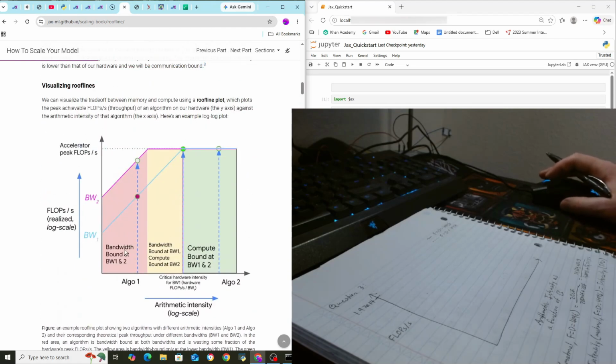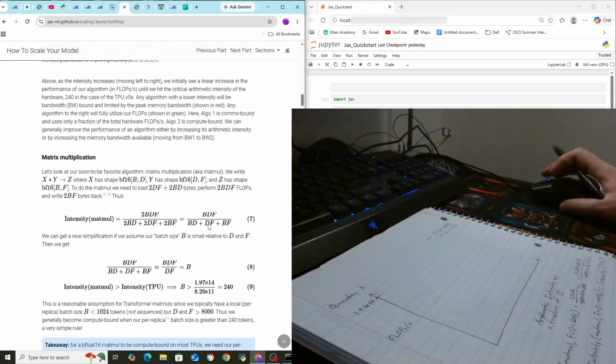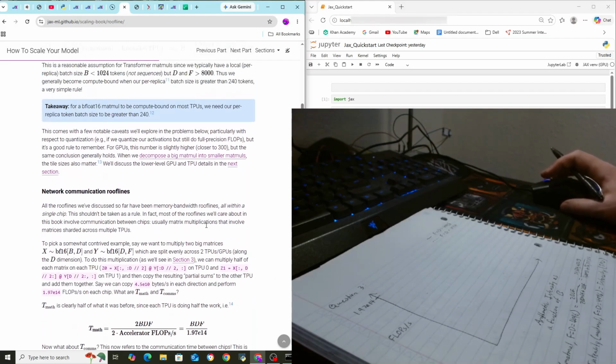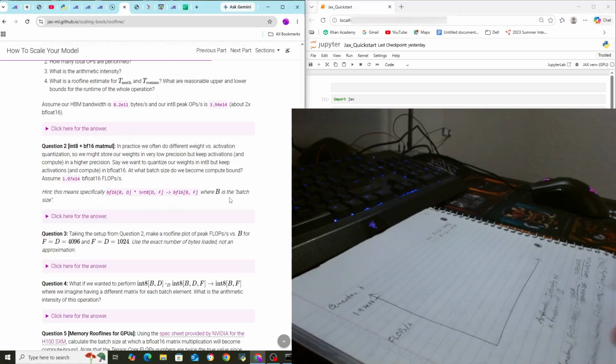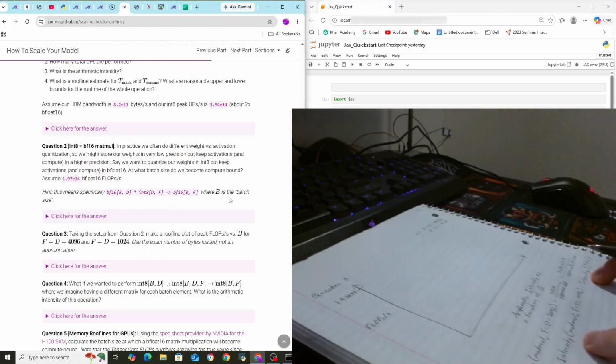Because we're looking at when you're compute bound versus when you're not. So we are compute bound when this exceeds that.